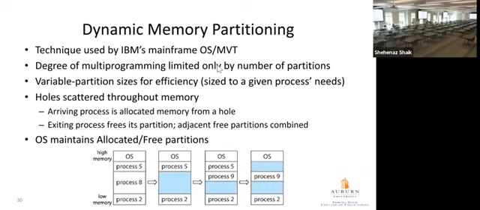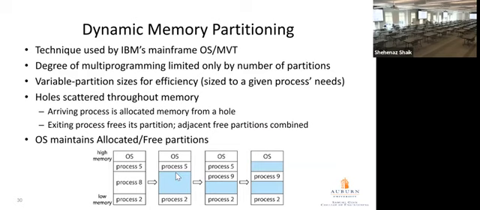Okay, so with this approach, one advantage is if there is an appropriately sized hole available which can serve the needs of a given process, then we should be able to allocate it, as you can see here.